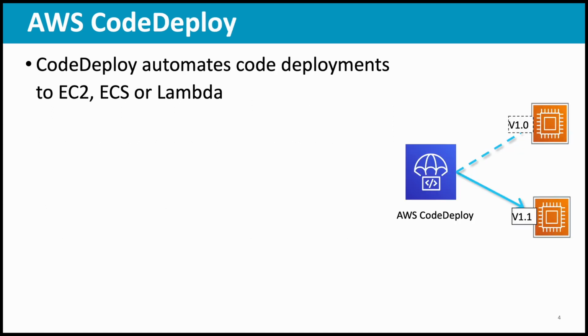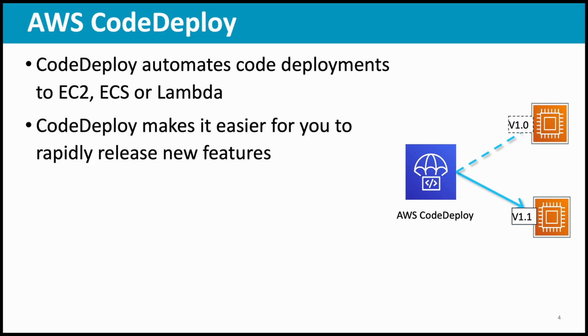Now let's look at CodeDeploy. CodeDeploy, obviously, automates code deployments to EC2, ECS, Lambda, etc. It makes it easier for you to rapidly release new features. That is a very important aspect of DevOps. If you have to manually deploy your code to multiple servers, it is going to take time. But if you have an automation tool such as CodeDeploy, it makes it easier for you to rapidly release new features.